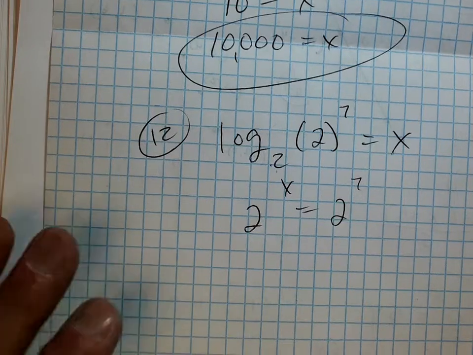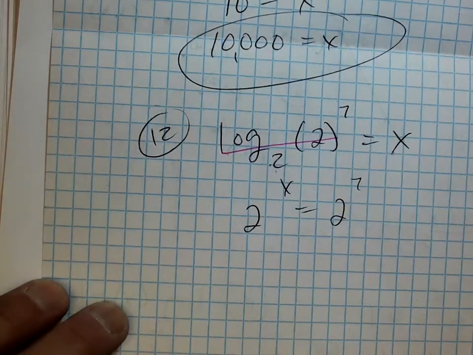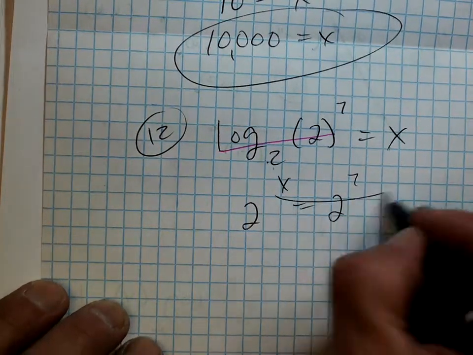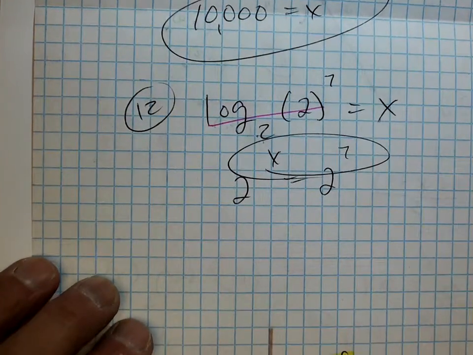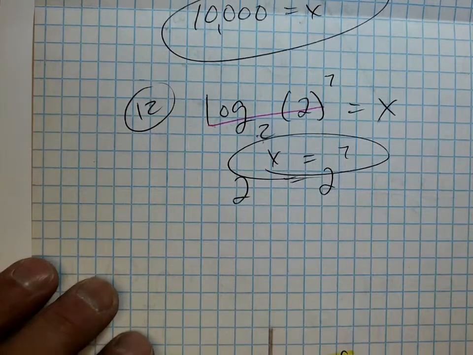Or we would have remembered a rule that I gave you, that these two will cancel each other out. So we already know x is 7, right? You guys agree x is 7? That just proves the rule right there, doesn't it? x equals 7. Or you can solve it. That's easy.